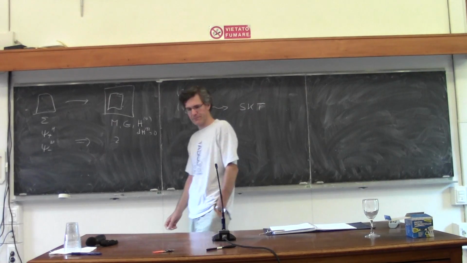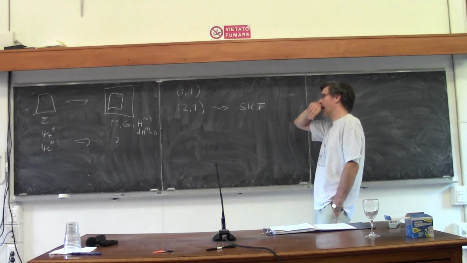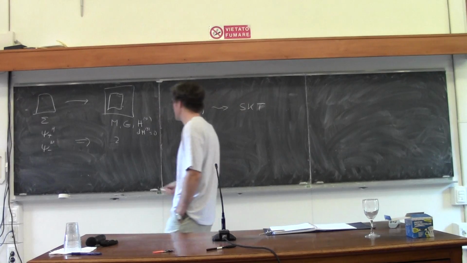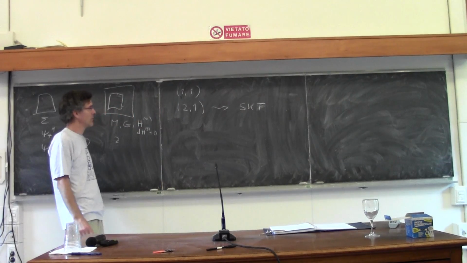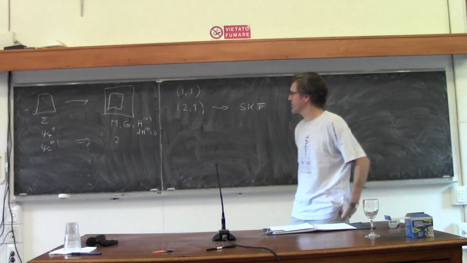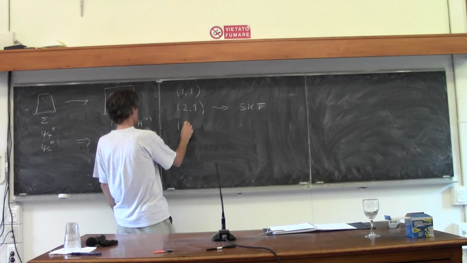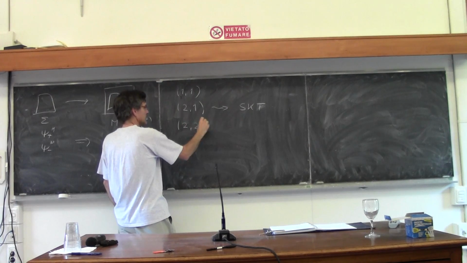That's strong Kähler torsion. But you could see that if you turn off the H field, you will just get Kähler structure.